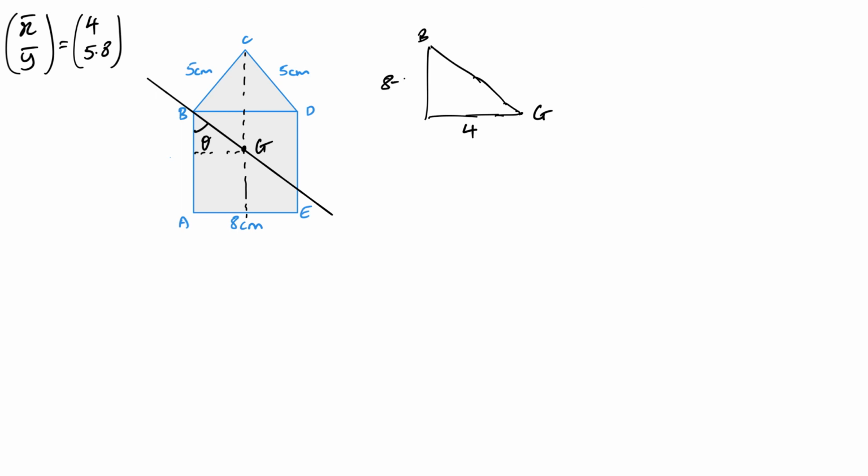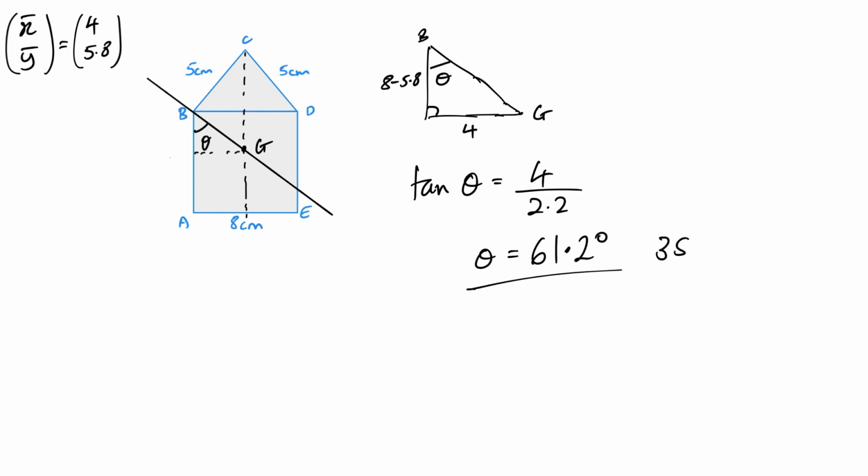So 8 minus the 5.8 there, and there is my angle. So I want tan theta is 4 over 2.2, the 8 minus 5.8. And that should give me 61.2 degrees there to 3 significant figures.